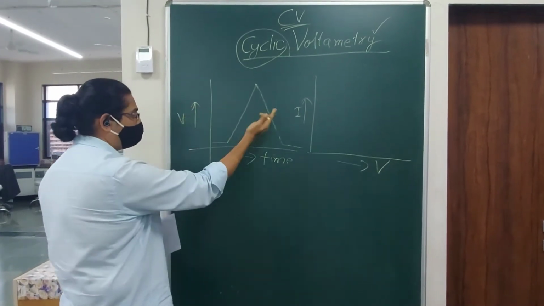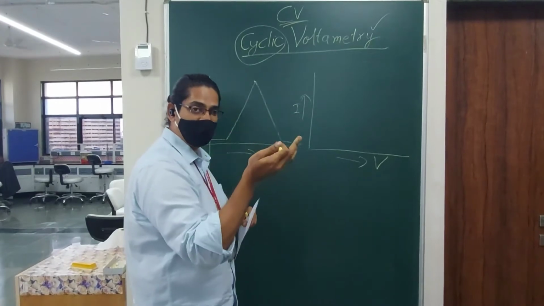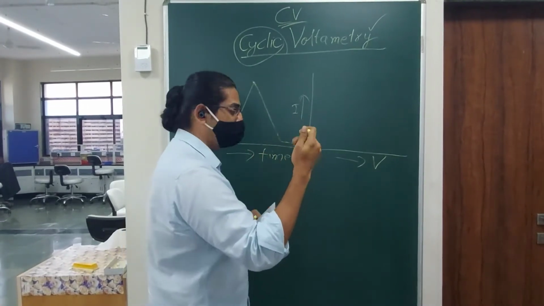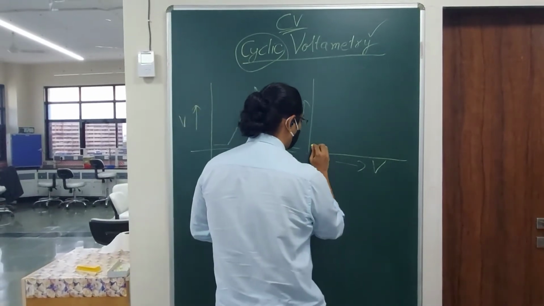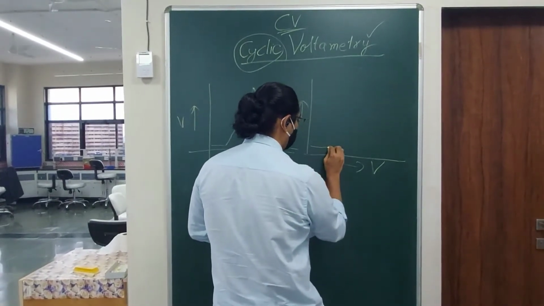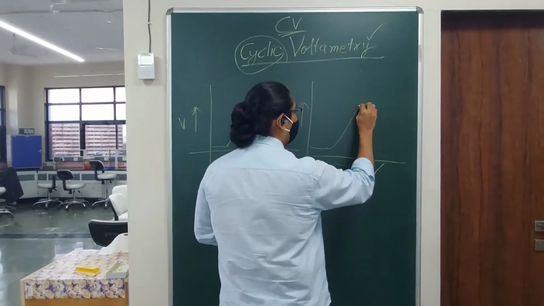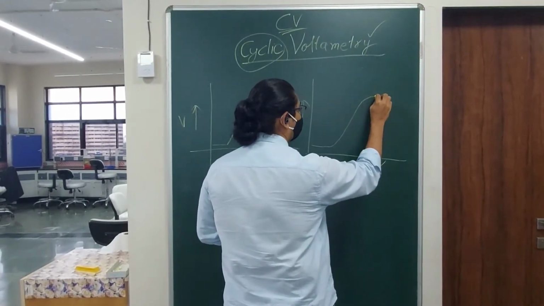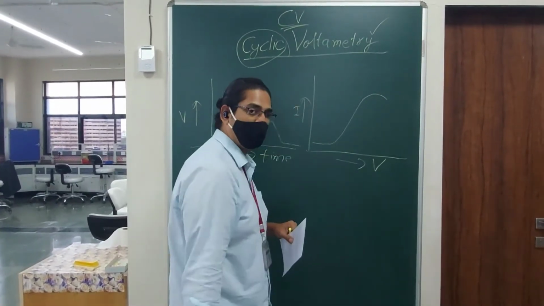Now the direct correlation between voltage and current is, if voltage increases, current increases, right. So when the voltage is constant, your current should be constant, something like this, and then it increases, and after some time it tails off, it levels off over here, right.